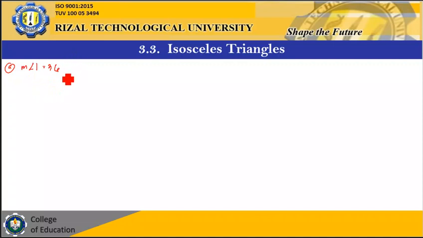And we have already learned that the sum of the interior angles of a triangle is equal to 180. So the measure of angle 1 plus the measure of angle 2 plus the measure of angle 3 is equal to 180.